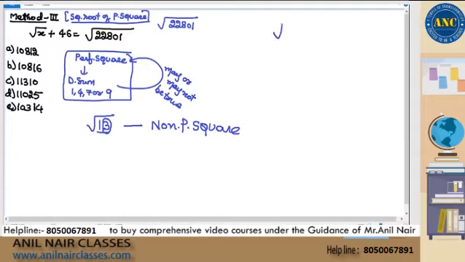Be very, very careful. How to find the square root of a perfect square. Root of 22801. Step number 1: because it is a square root, keep a slash after 2 digits. Totally how many groups of 2 digits did I get? 3 groups of 2 digits.